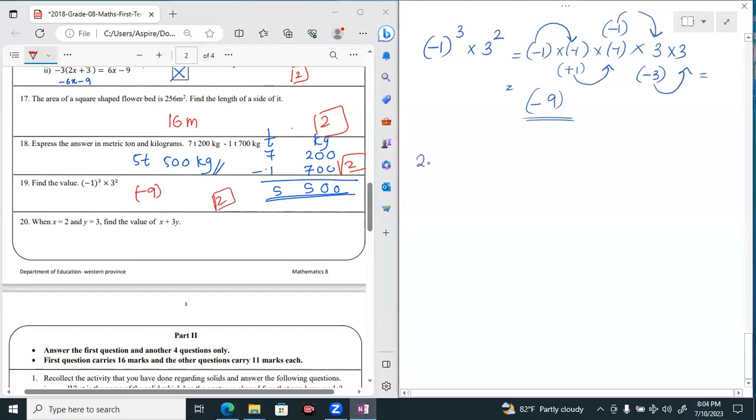Okay. Then here 2 marks are given. The 20th one is substitution. Last week we did those kinds of questions. x equals 2 and y equals 3. Then x plus 3y should be obtained.